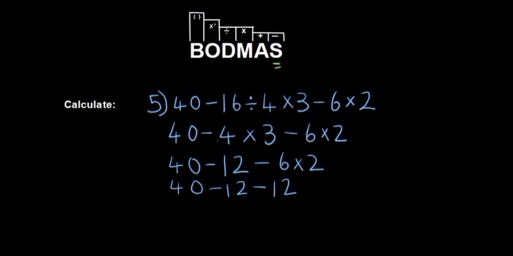So now we'll work with subtraction from left to right. So that means we're going to subtract here first. So we're going to subtract a 12 from a 40 to get 28.